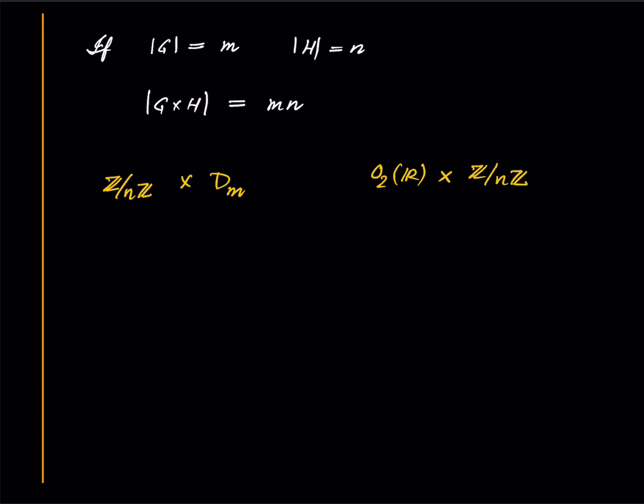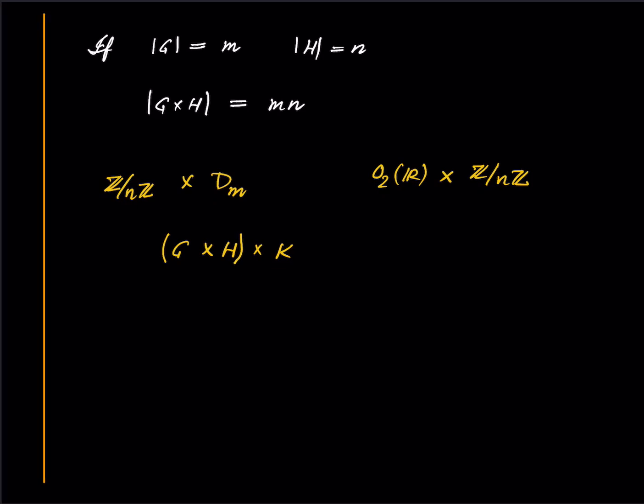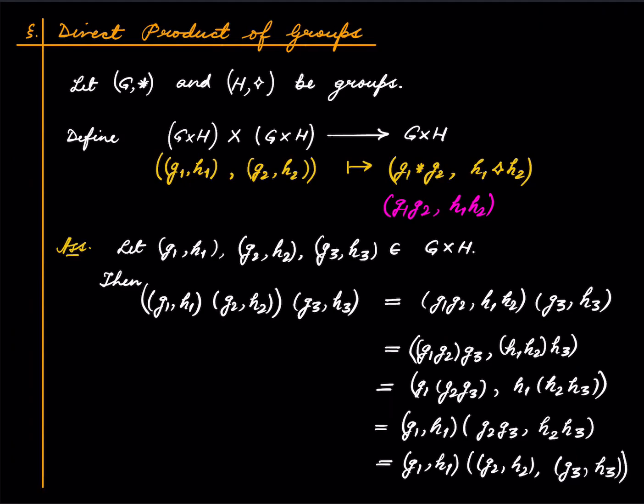Or you could also do threefold products. If G, H, and K are groups, then you can also take the threefold Cartesian product and define the group structure on this similarly. Or you can think of it as the group G cross H crossed with the group K. It is the direct product. I should have said that: this construction is called the direct product.